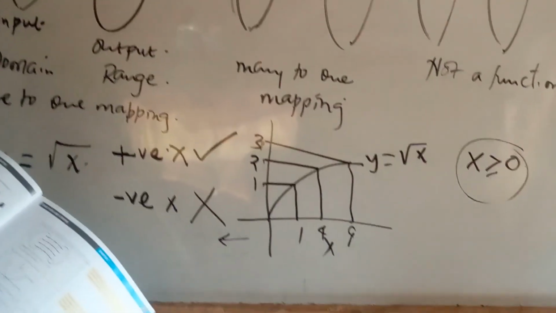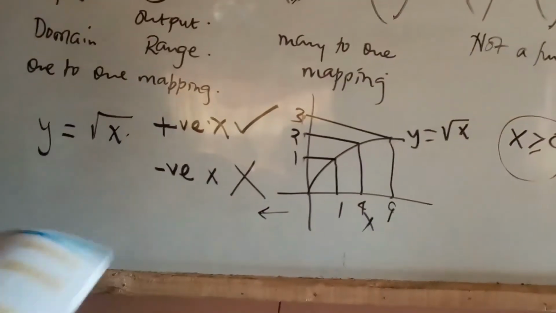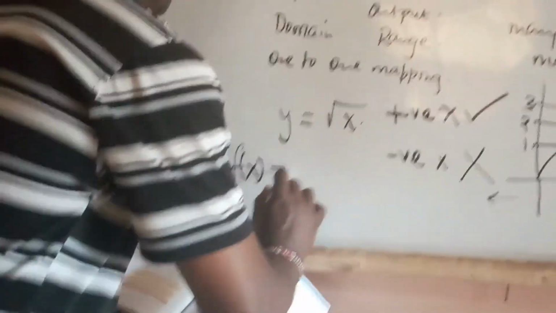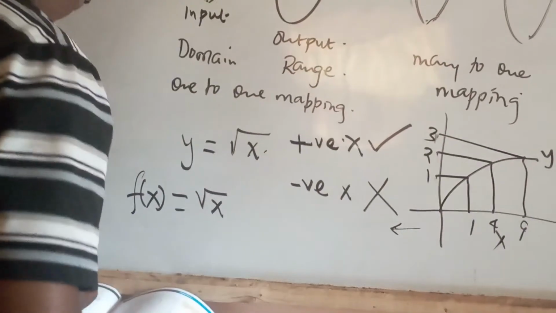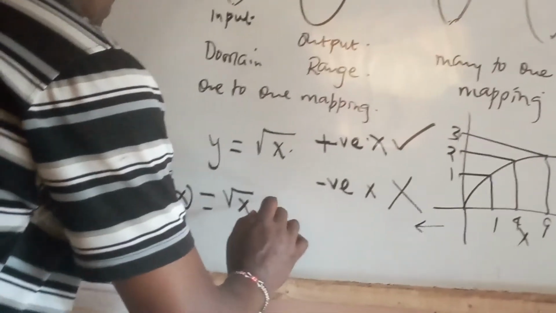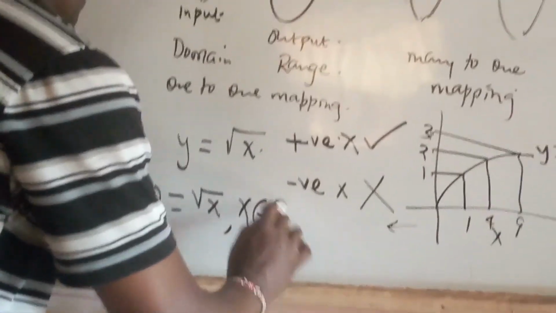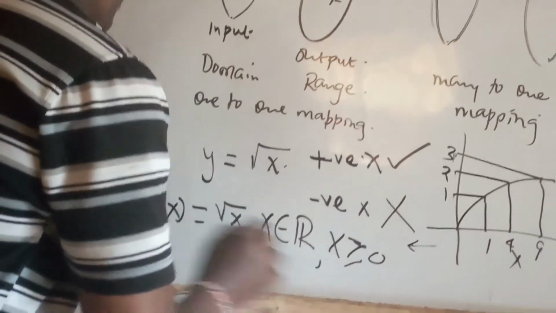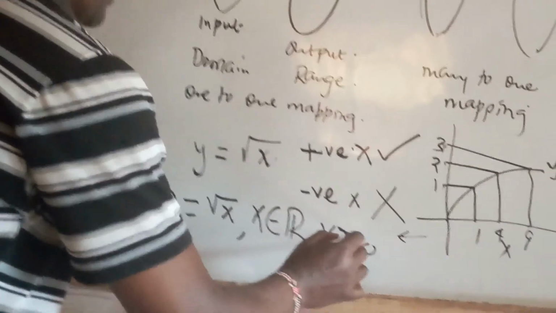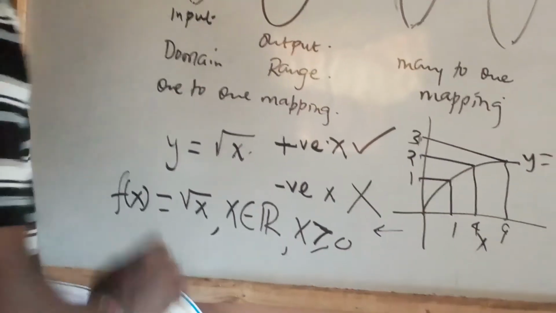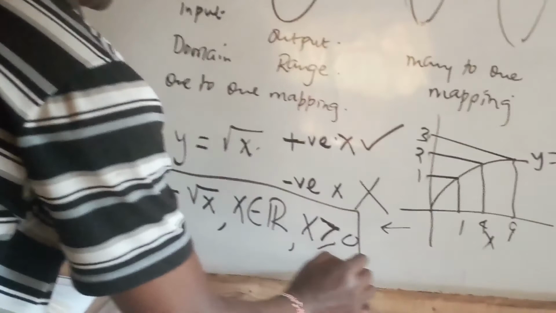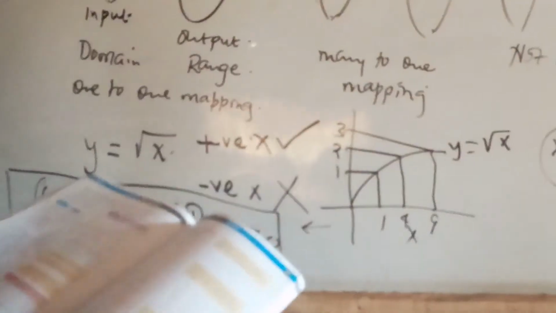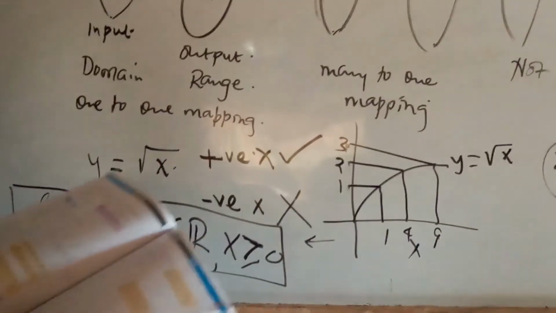We can write this function together with its domain as f(x) equals the root of x, where x is a real number and x is greater than or equal to 0. If you do not include this restriction, then it doesn't make sense. But when it has restrictions, it makes all the sense. And that is what we need to carry on to example 7.